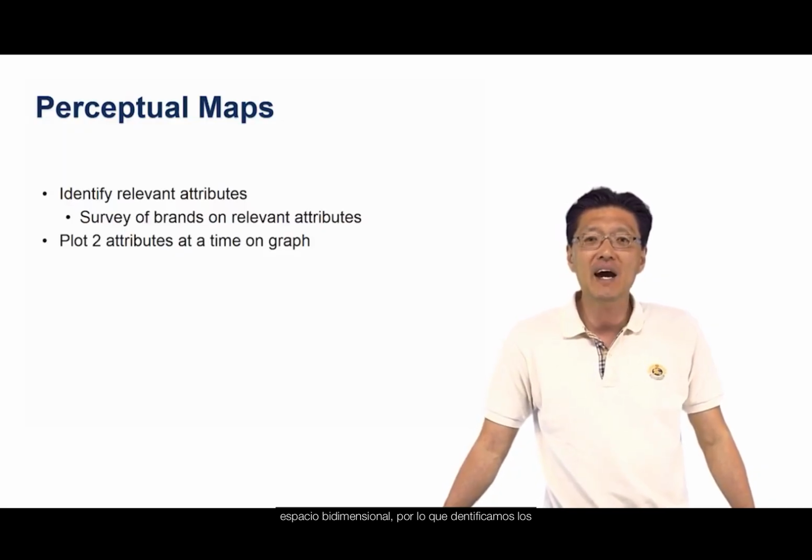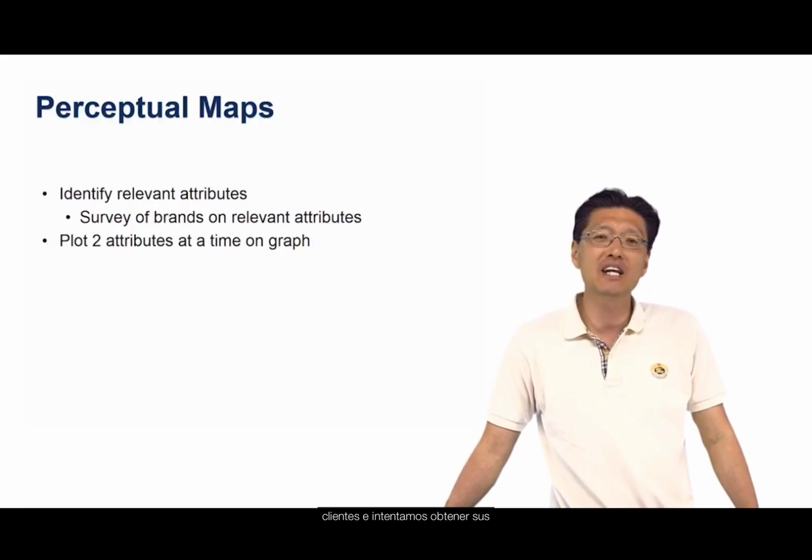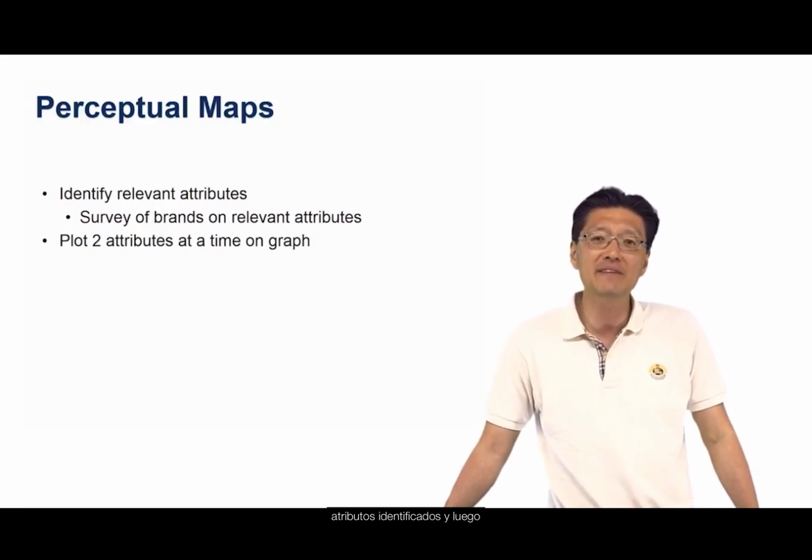So we identify the attributes that are considered relevant and important amongst customers, and we survey those customers to get their perceptions about how they think about different brands on those two identified attributes, and then we plot them on a map.